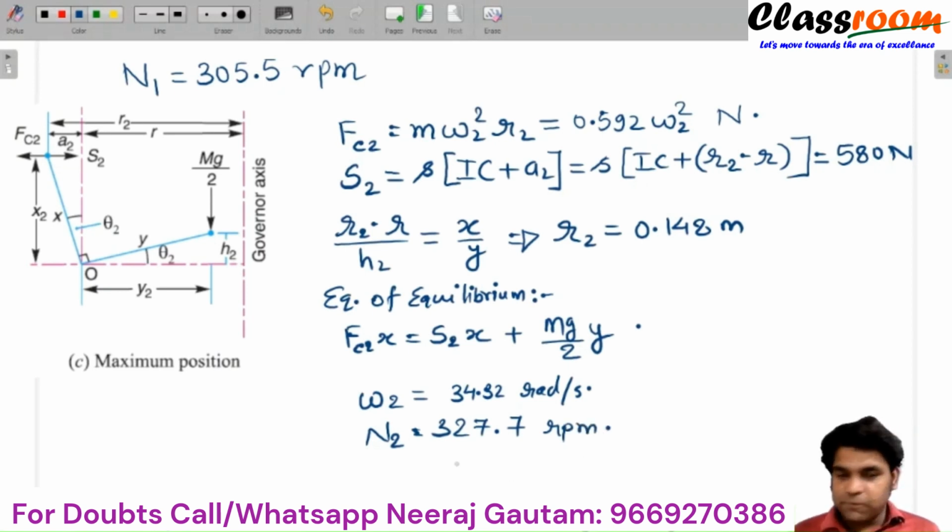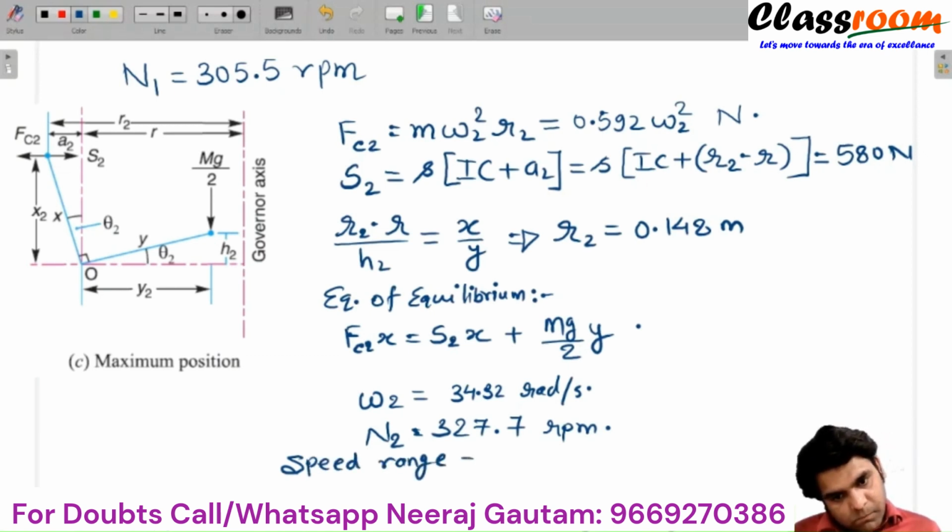You can solve this on your own. So in our previous case, the speed range is N2 minus N1, and this speed range comes as 22 RPM.